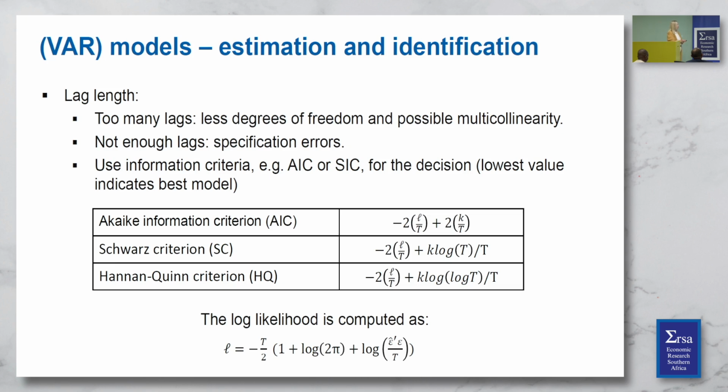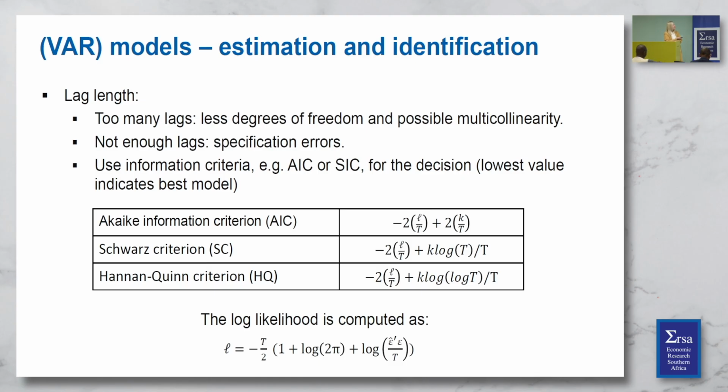Now, this discussion, I think we had it a couple of times. What is the right number of lags to use? A good question. Not a very simple answer. Because all of these are functions of the log likelihood, which is essentially how good the model fits the data given the parameters.